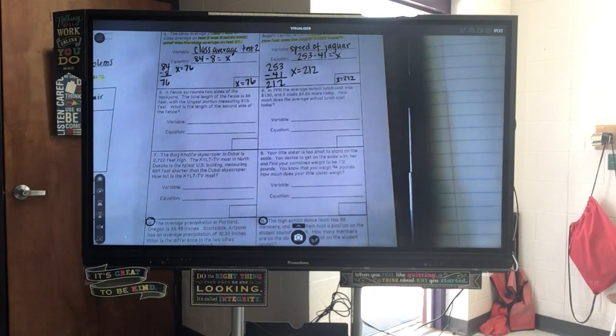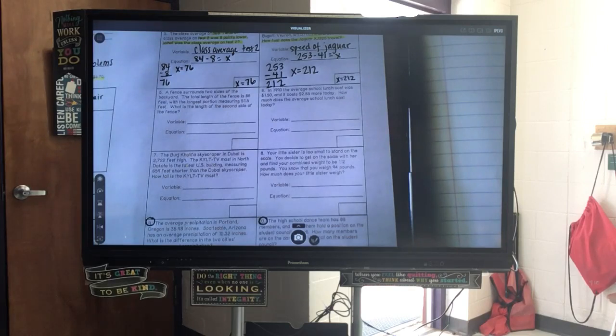So this really weirdly named skyscraper in Dubai is 2,722 feet high. The KVLY TV mast in North Dakota is the tallest U.S. building, measuring 659 feet shorter than the Dubai skyscraper.